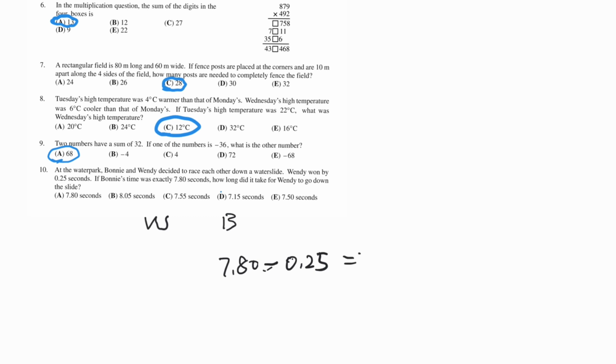That gives us 7.55 seconds. So Wendy used 7.55, Bunny used 7.8 seconds. Wendy won by 0.25 seconds. The answer is C.